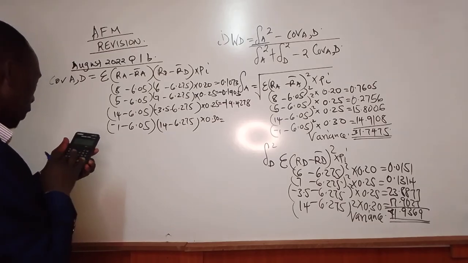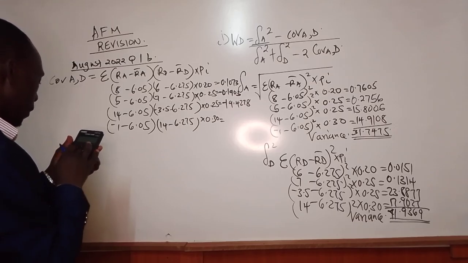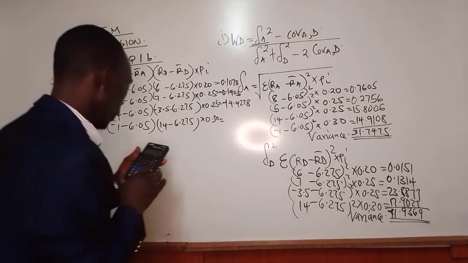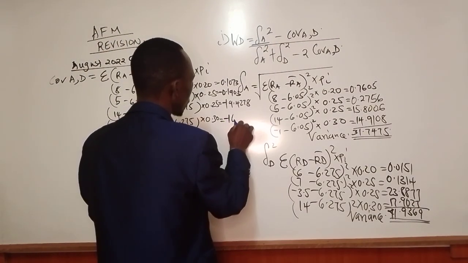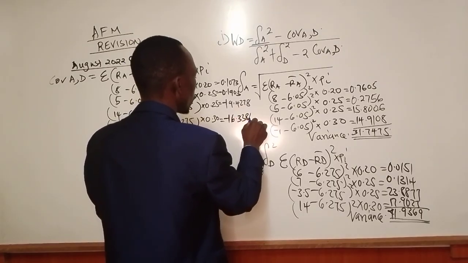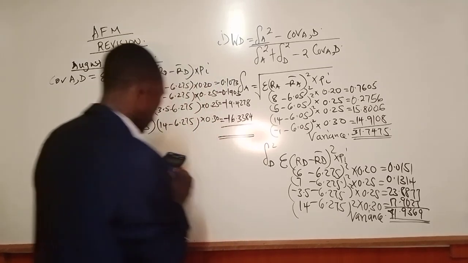Then next one is minus 1, minus 6.05. Then we have 14 minus 6.275. Then you multiply by 0.3. So this one, negative 16.3384. Then we get the total. We sum them up.